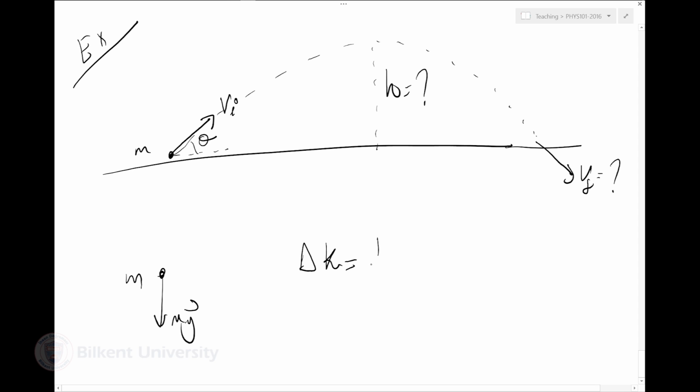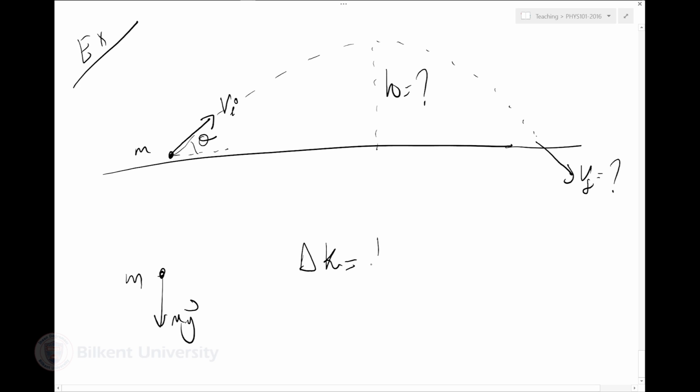That is equal to work. Now my force is constant, so I can say it's F dot dl over this whole path. But for a constant force, this is just going to be F dot the displacement. The force is the vector mg. But what's the displacement vector through this motion?